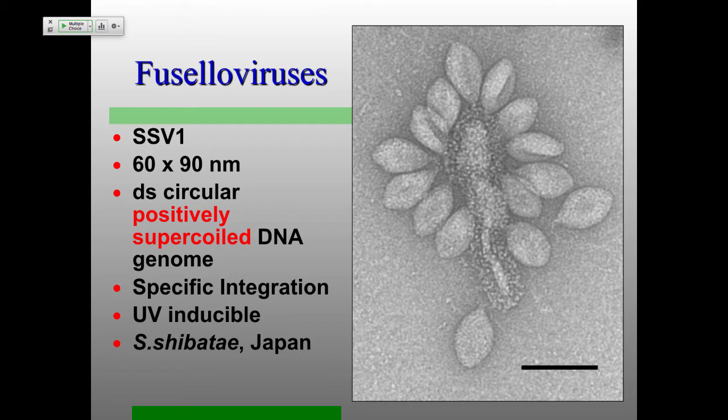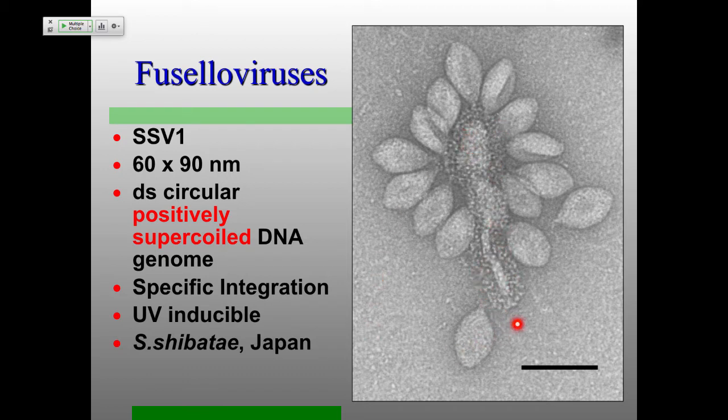There are now 10 of these that infect Sulfolobus and a couple that are infecting other microbes. The virion itself is about 60 by 90 nanometers. This is just one of these virions down here at the bottom. And they love to stick to each other and also just little bits of cell debris. And so this is just a piece of Sulfolobus which has been broken off of the cells.